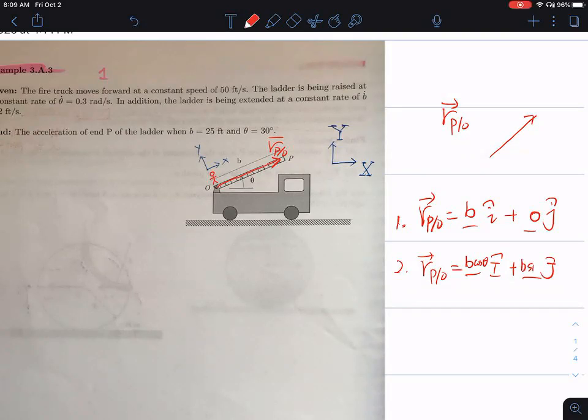B sine theta. Double check here. Yep, that's the correct answer. So if you want to write out R_P/O in the fixed coordinate system, you see that it's totally different. Now it has both I and J components: B cosine theta I plus B sine theta J.